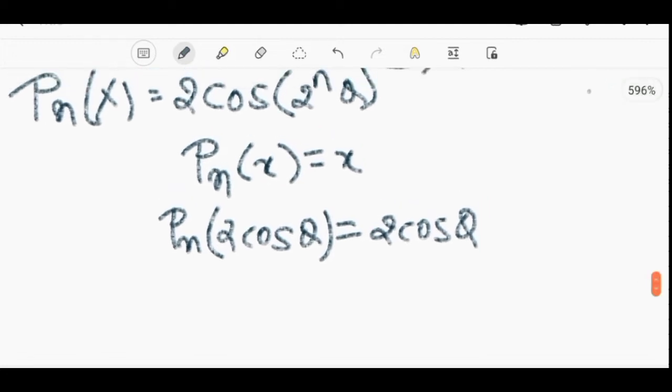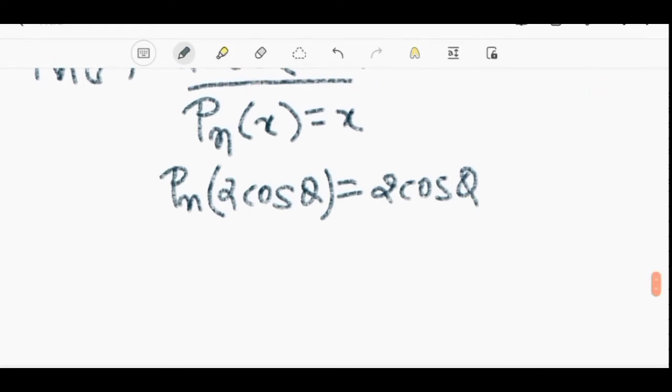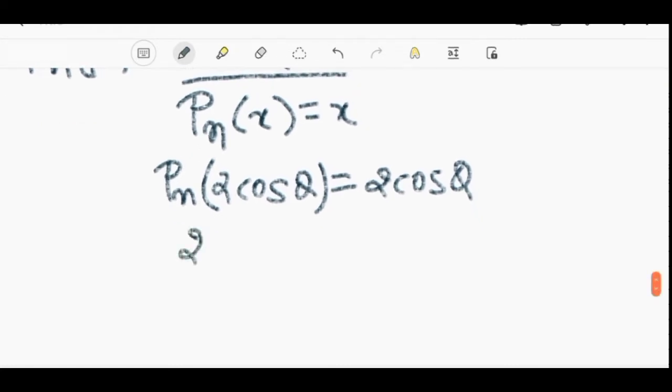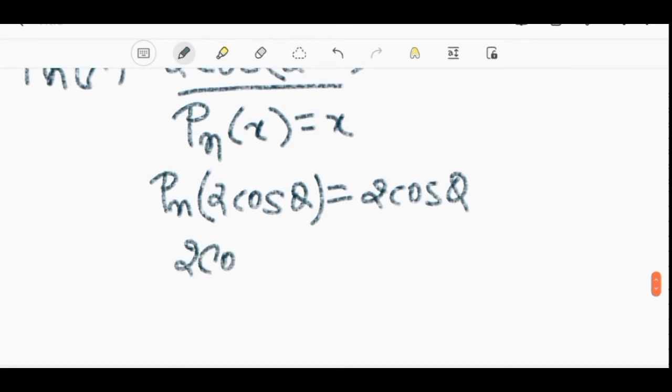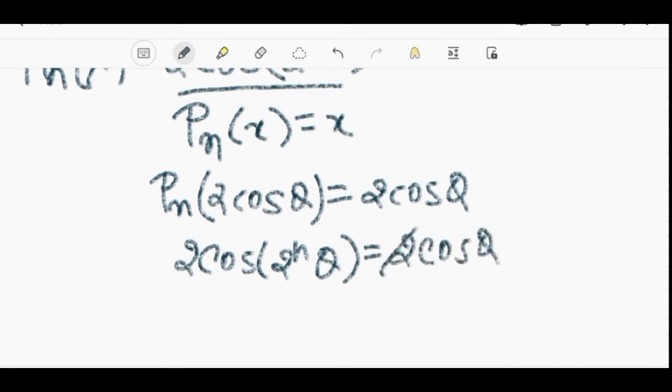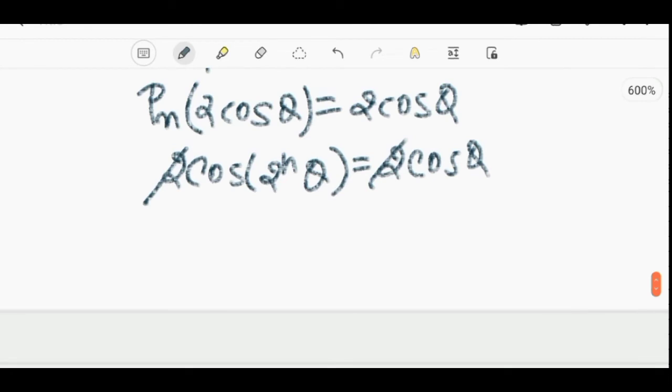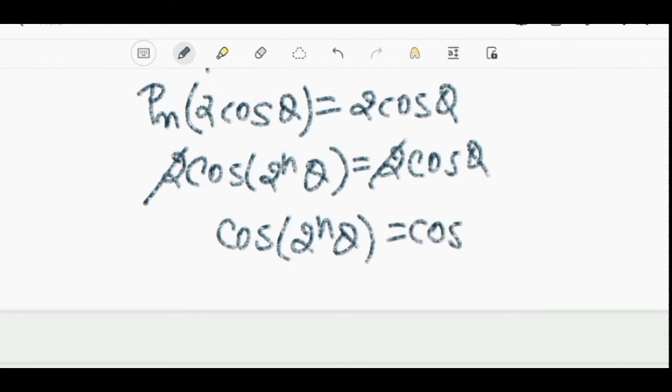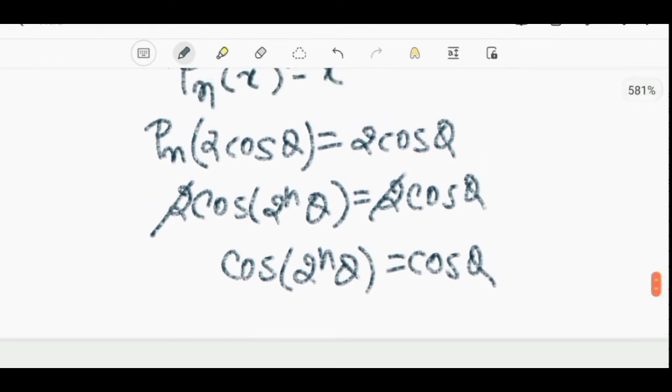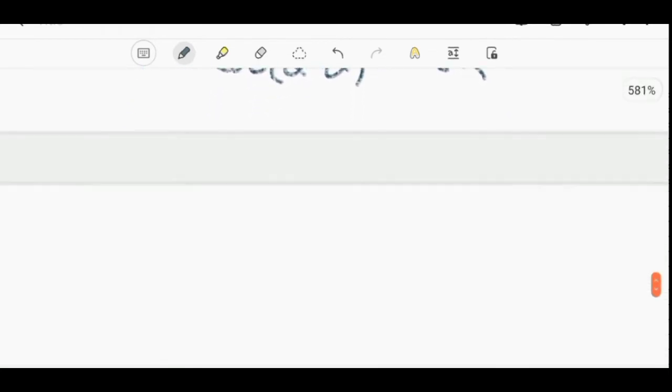We know that Pn of x is equal to this, so we can substitute the value: 2 multiplied by cos of 2 raised to the power n theta equals 2 cos theta. Now we can cancel these 2, and we'll obtain cos of 2 raised to the power n theta equals cos theta. And we have to solve this equation.